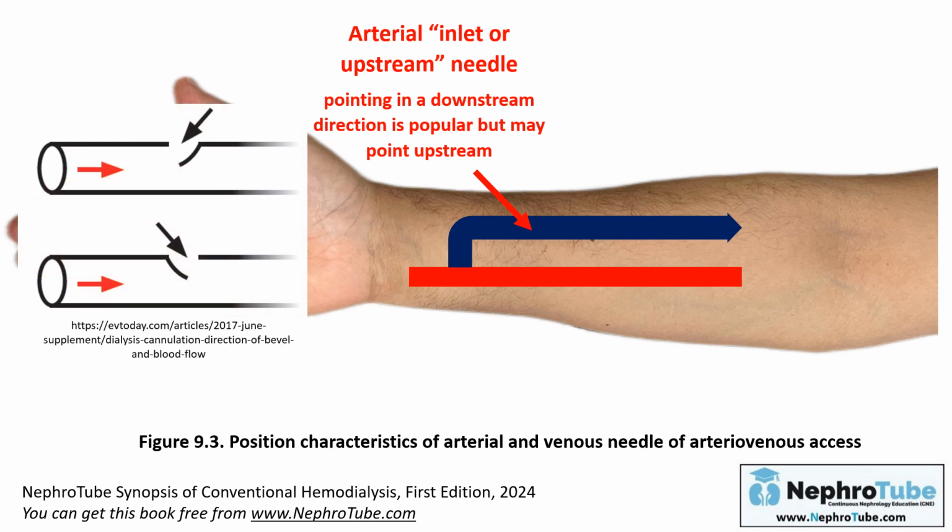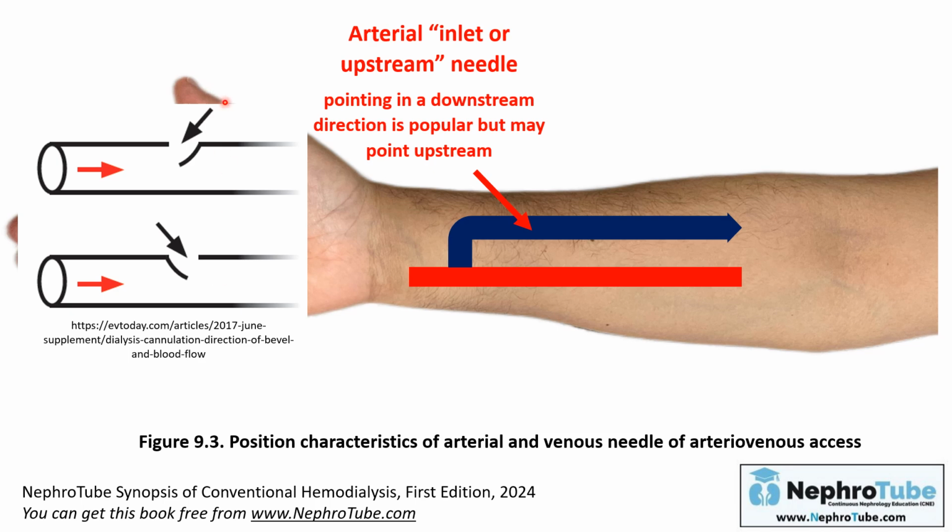Why? I will tell you. If you cannulate the arterial needle in the downstream direction, you will make a flap like this. This flap is left behind the needle, and when the needle is withdrawn, this flap tends to close more with the natural flow of the vein.